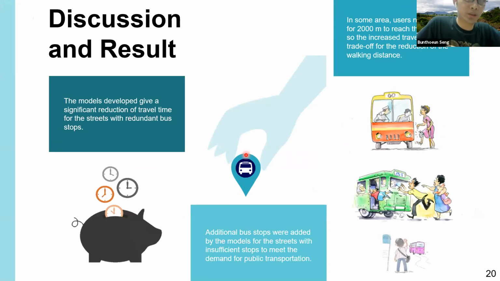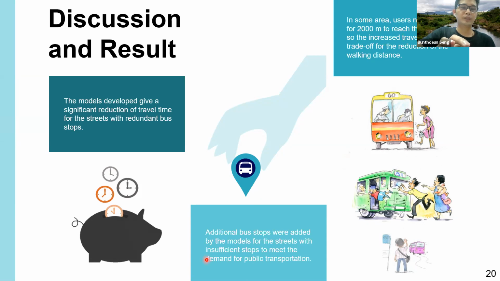Here I come to the result and discussion. The model developed gives a significant reduction in time travel for streets with redundant bus stops. This is because the demand of the service in that area is below the capacity, which means a waste of resource and energy when the bus travels throughout the route without any users.